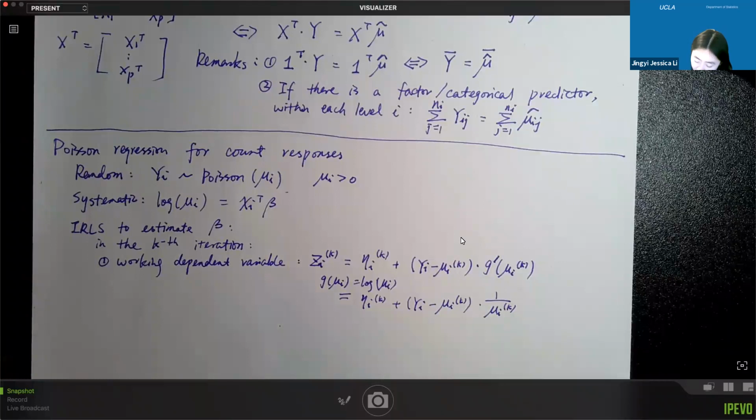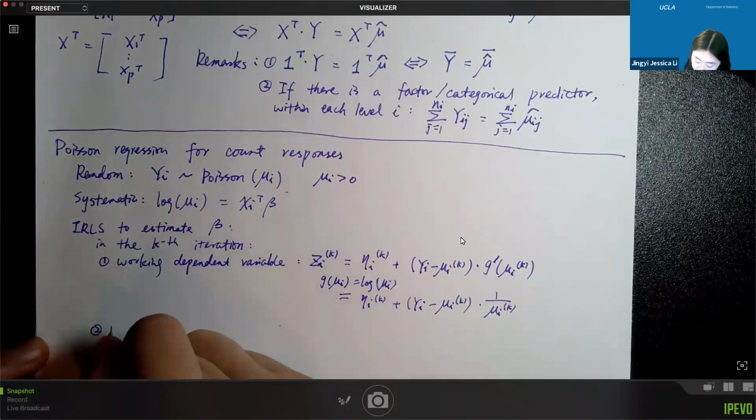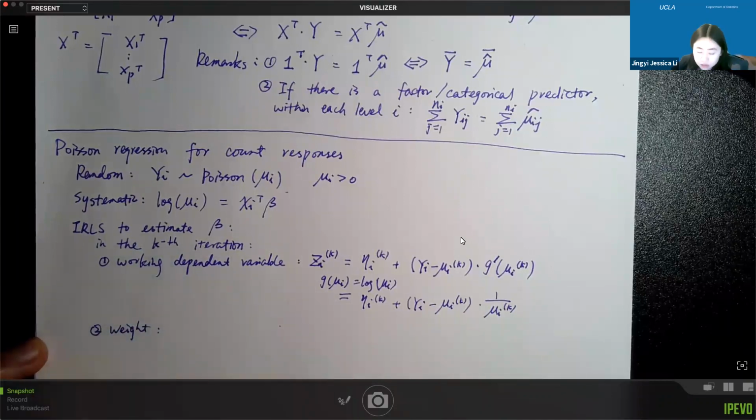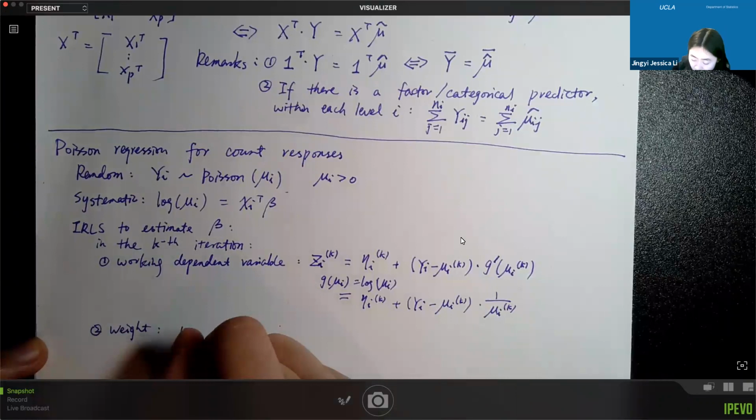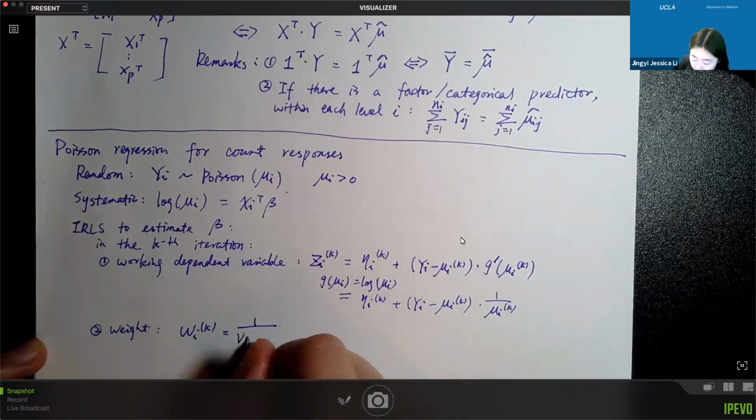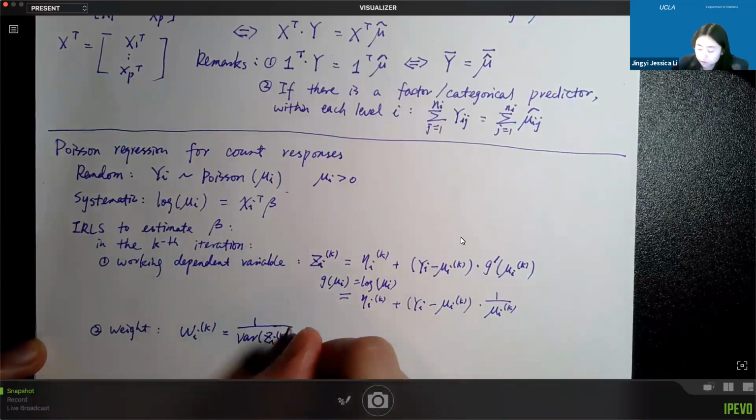And the second thing is to get the weight matrix. For the ith diagonal entry in the weight matrix, its definition is equal to 1 over the variance of z_ik, the working dependent variable.